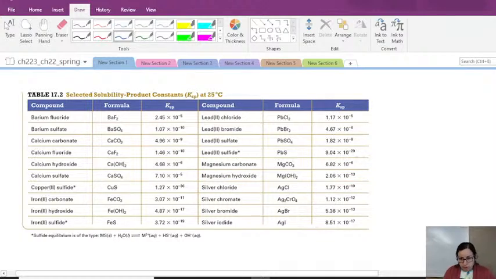Lead sulfide, for example, is 10 to the negative 29, while calcium sulfate is 10 to the negative 5th. So that one could be more ambiguous when we just discuss our general solubility rules. Some people may say calcium sulfate is slightly soluble, and now you can see that's why, because compared to the rest of these, it is at least slightly soluble.